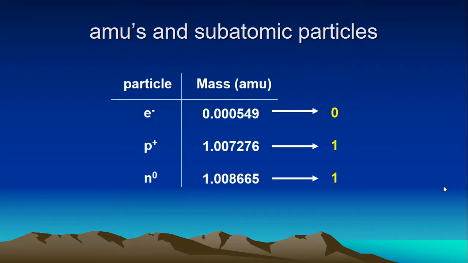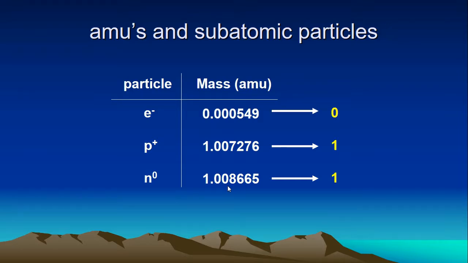Okay, to review a couple things. First of all, this is the same slide I showed at the last lesson, but just to review, your electron has about 0 AMU, your proton has 1 atomic mass unit, and your neutron weighs about 1 atomic mass unit. But your neutron weighs slightly more than your proton. The reason I'm bringing this up is we're about to do some math.